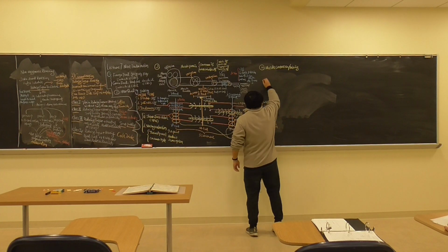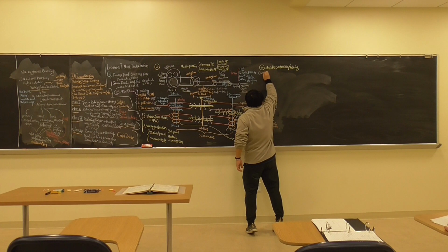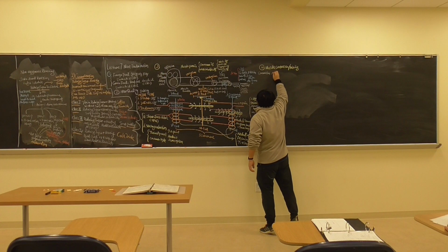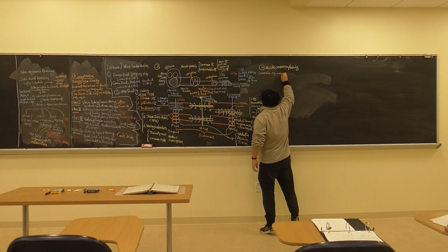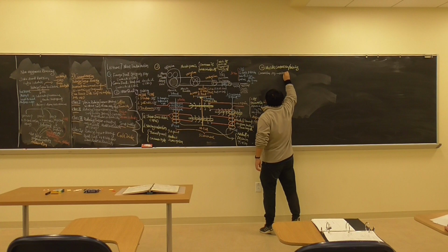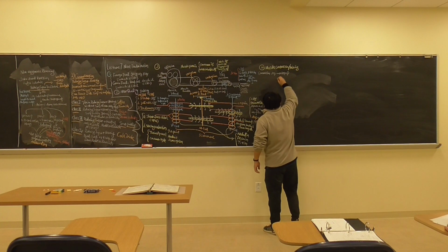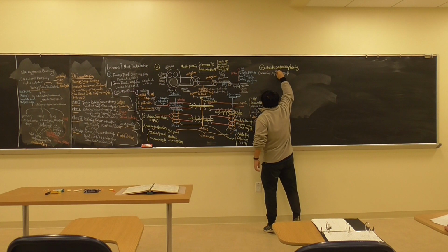So first of all, muscle contraction. They need to use ATP. So ATP will be hydrolyzed, become ADP and phosphate. This needs an enzyme, which is myosin ATPase.